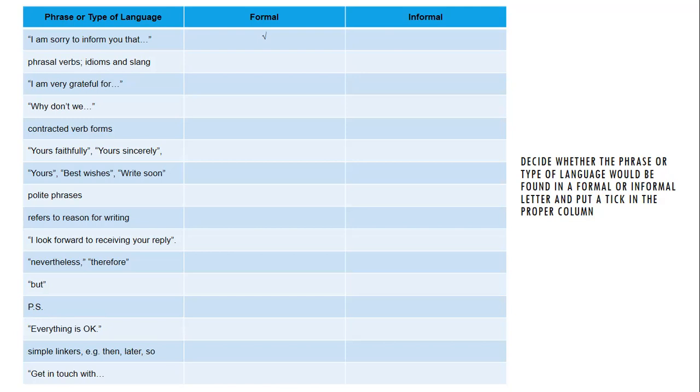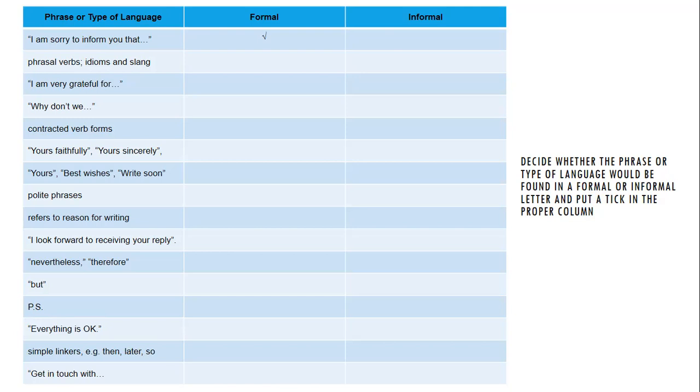In bahasa Indonesia, bentuk kata contracted, bentuk kata yang disingkat. Will not menjadi won't, is not menjadi isn't. Itu formal writing or informal? Informal. Yours faithfully, yours sincerely. Formal. Best wishes. Write soon. Informal. Polite phrases. Formal.